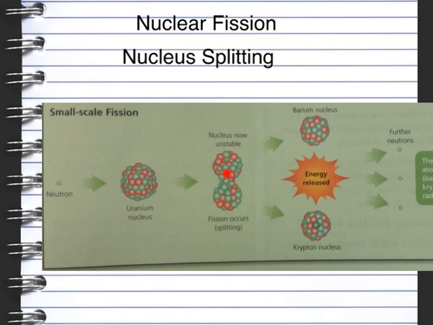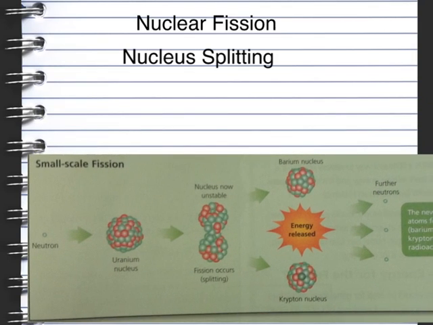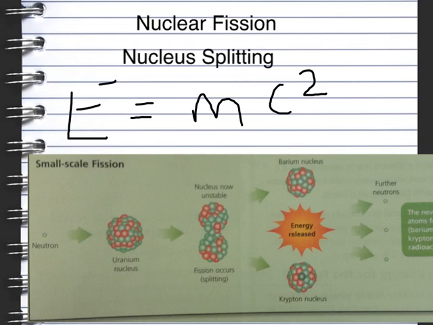As it becomes unstable, it starts to split, and we get energy released here. The value for the energy that's released is equal to Einstein's equation of E equals mc squared, where m is the mass that's lost and c is the speed of light squared, and that will give you your value for energy. Now this is actually quite a useful process.